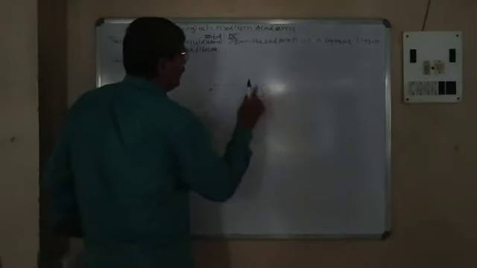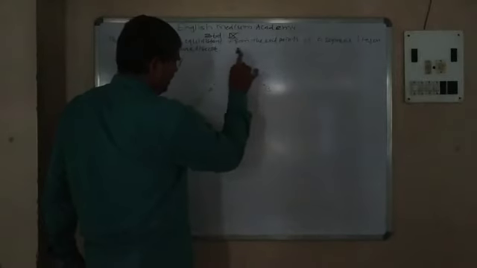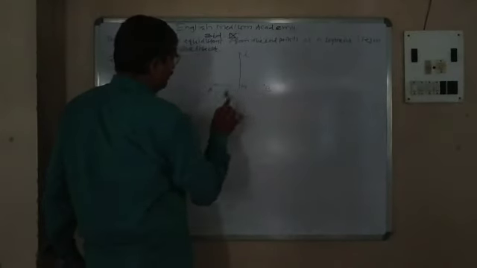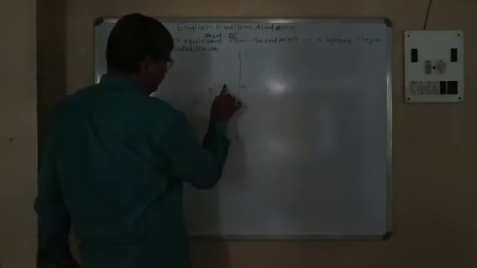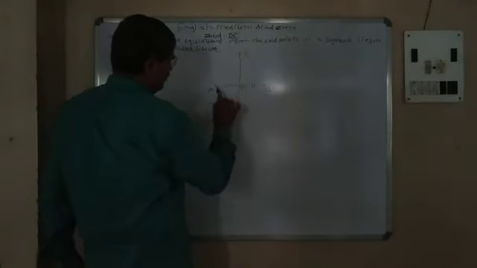What is given? Any point equidistant from the end points. Means there is one segment. Same we will take. AB is a segment. M is a point. Now line L is a perpendicular. Line L is perpendicular at M. Then any point equidistant from the end points means AM is equal to BM will come.